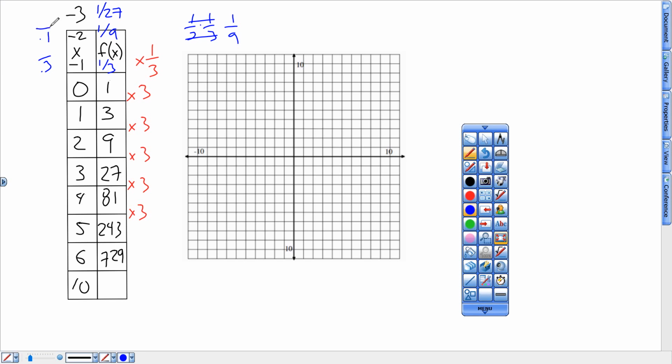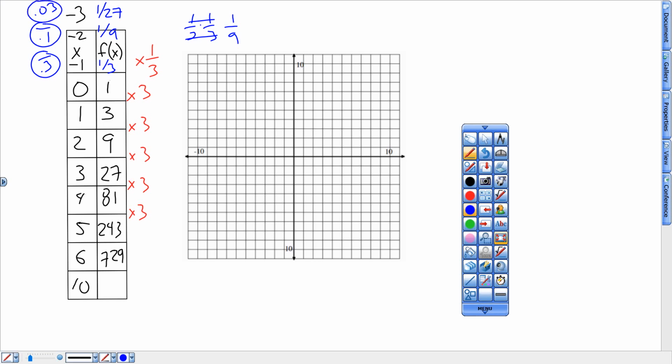And if I do 1 divided by 27, that gives me 0.03. So you can see when x is -1, y is 1/3 or 0.3. When x is -2, y is 1/9 or 0.1. When x is -3, y is 1/27 or 0.03. That's where I'm getting those values.